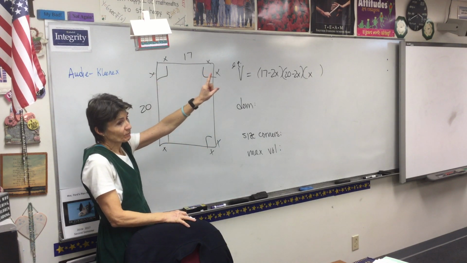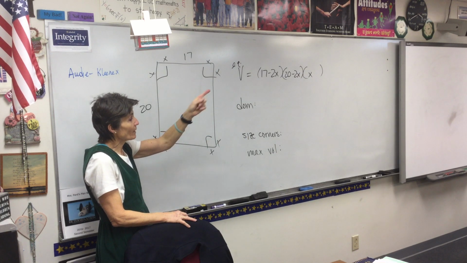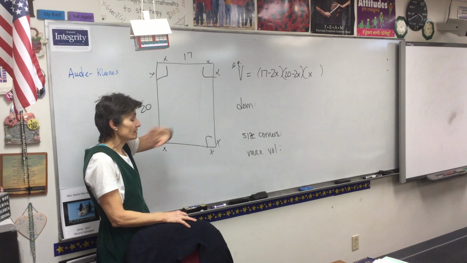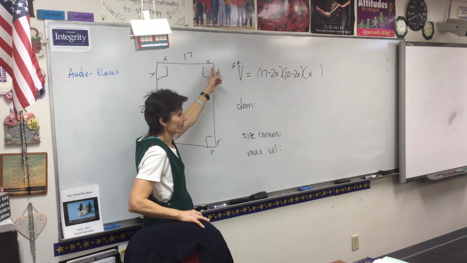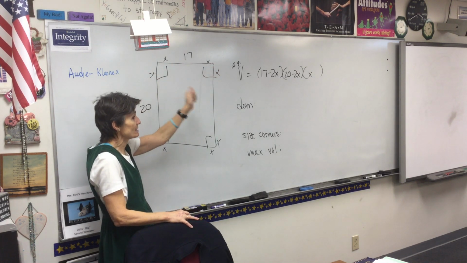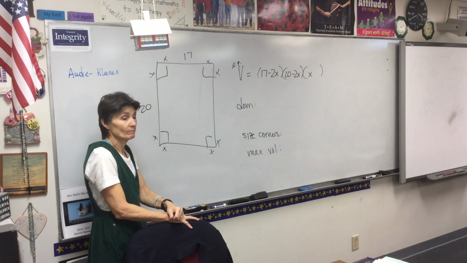Over and over again, kids forget the x. Over and over again, kids put 2x minus 17. That's ridiculous. The paper is 17, you're taking off 2 x's. It's got to be 17 minus 2x. Okay, that is it. There's the equation.